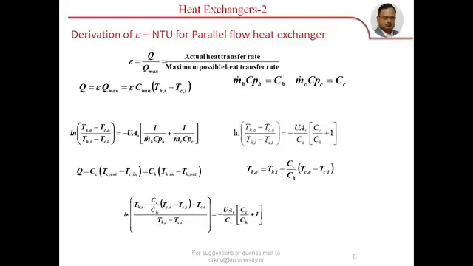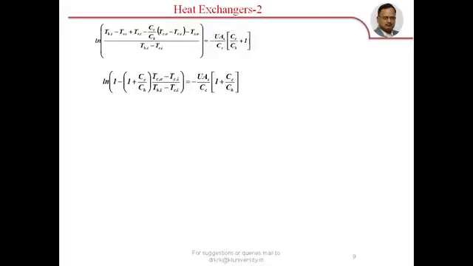That is elaborately written, and we will have logarithm of THI minus TCI plus TCI minus CC by CH into TCO minus TCI minus TCO by THI minus TCI is equal to minus UA by CC into CC by CH plus 1.